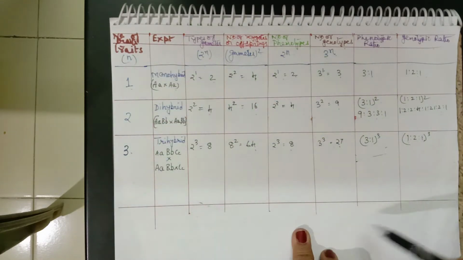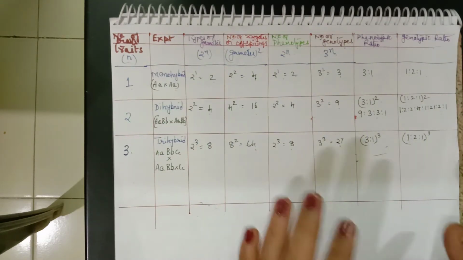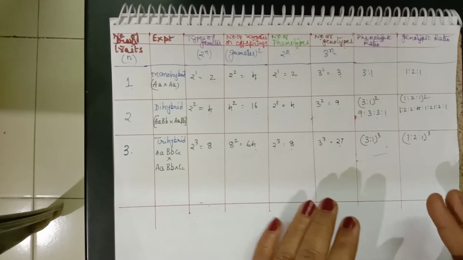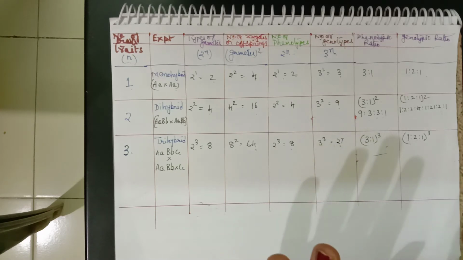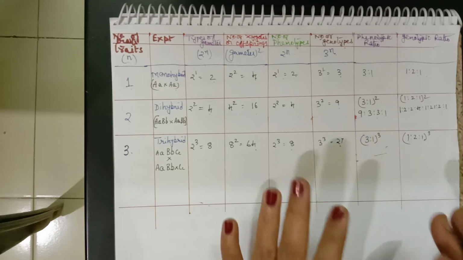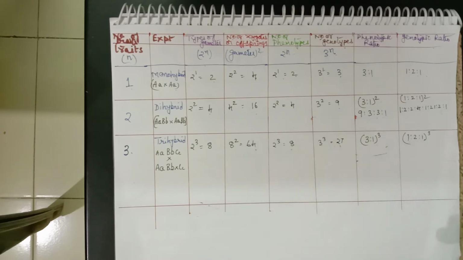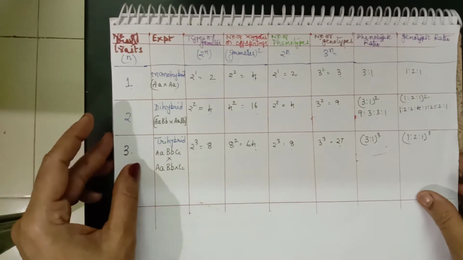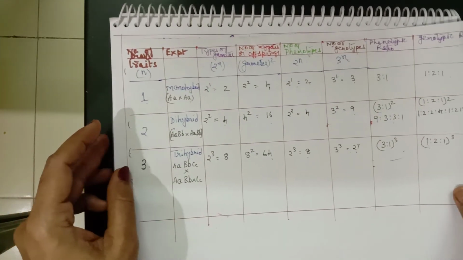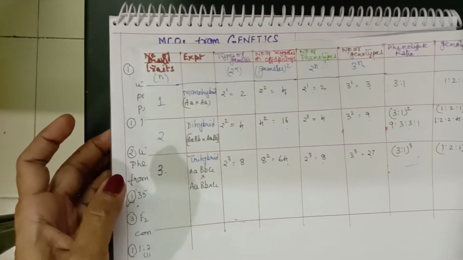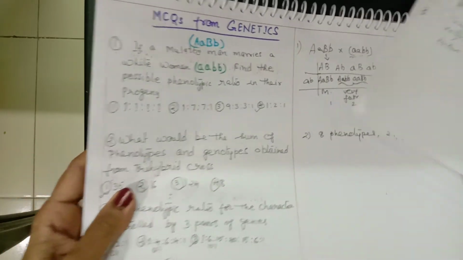So this particular table will help you in general, and this is very, very important. So take a screenshot, write it on your own in your own handwriting, and then learn it. Okay, now this is the information regarding the question which we just discussed.